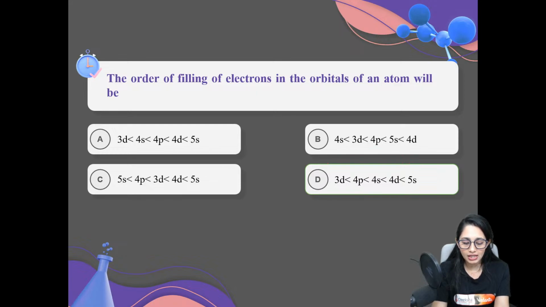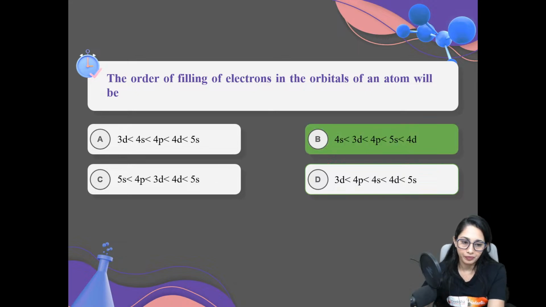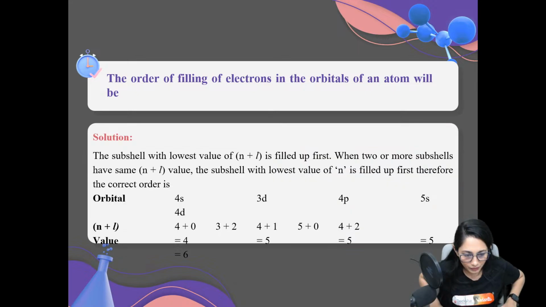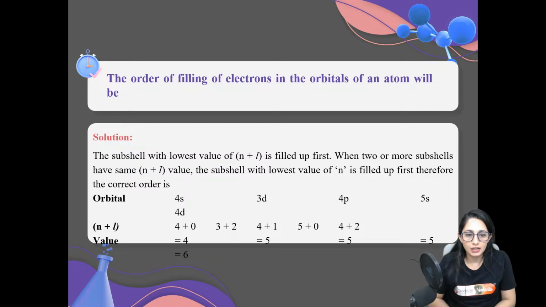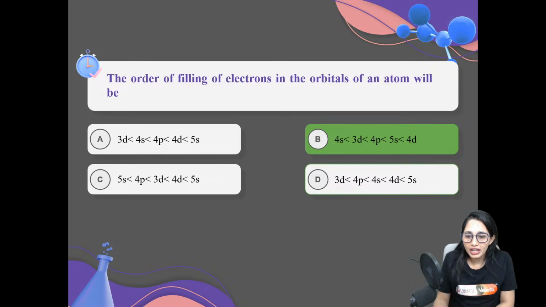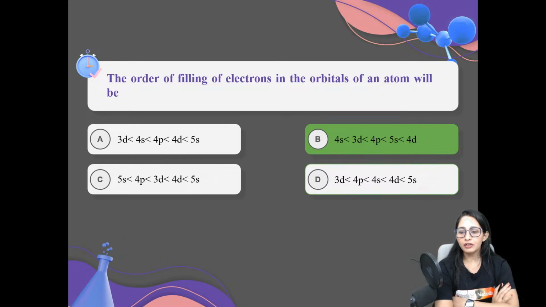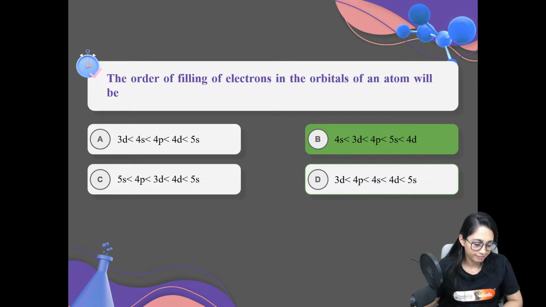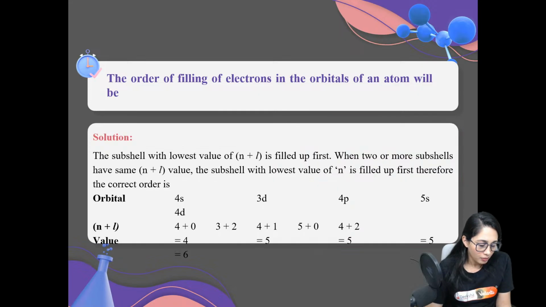Come on guys, what is the answer? What will be the answer? Option B. Okay. See here. Option B is the right answer. 4s, 3d, 4p, 5s and 4d. Moving on. Yeah, option B, Vignesh. It is option B.